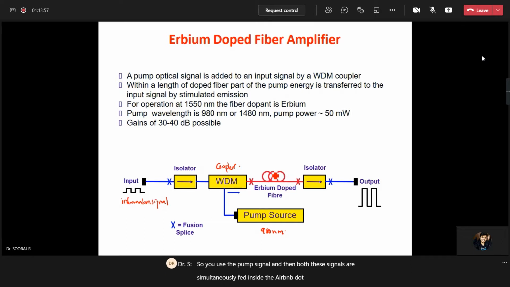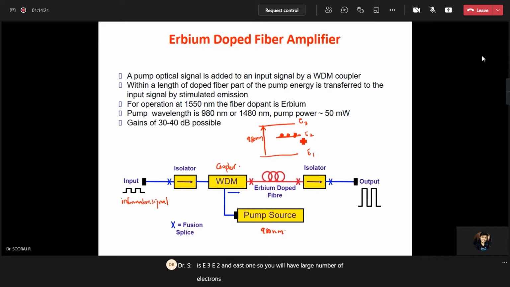This is the amplifier. Inside the amplifier, the 980 nanometer pump signal would take the electron up, and the electron will quickly fall to this metastable level. Let's say this is E3, E2 and E1. You will have a large number of electrons there, so you will have population inversion.